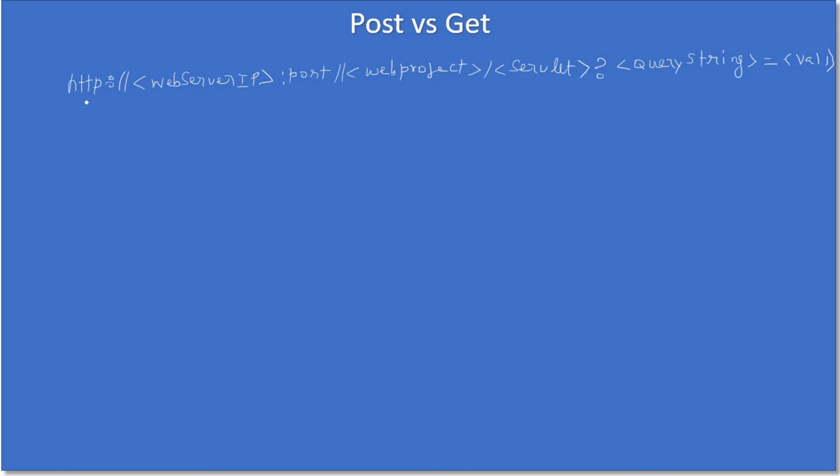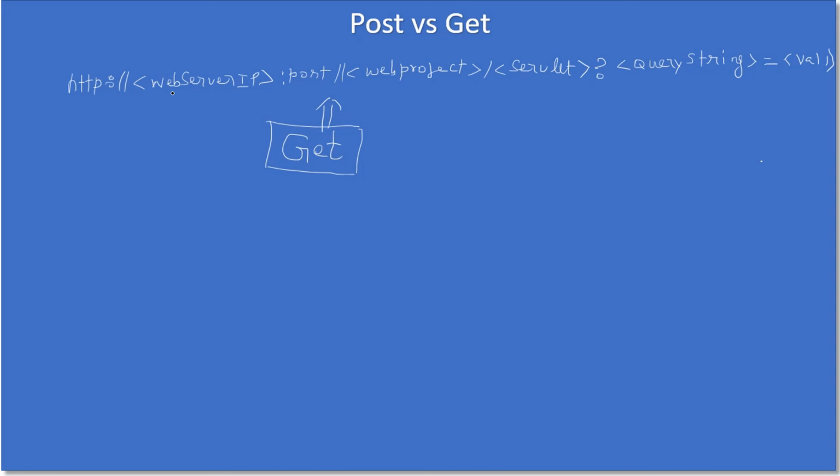If you see here, this is an example of a GET request. You can see that in the browser address bar itself. The HTTP is the protocol, hypertext transfer protocol.